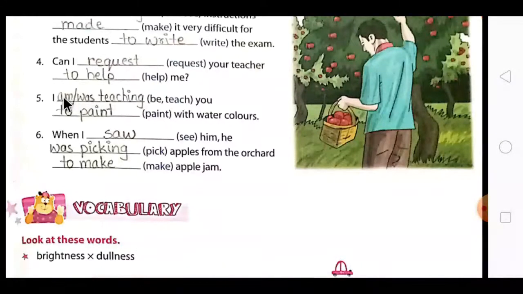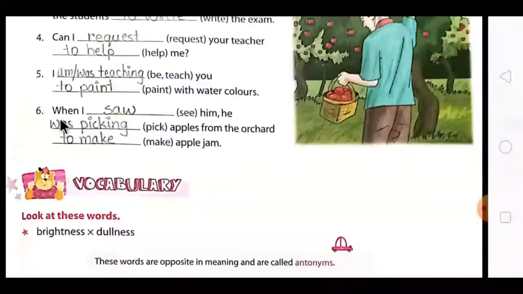If you are indicating the present, you have to use am teaching. And if you are indicating the past, you can use was teaching you to paint with watercolors. Now the last one is, when I. When means it is indicating the past tense, so see will change to saw him. He was picking apples from the orchard to make apple jam.